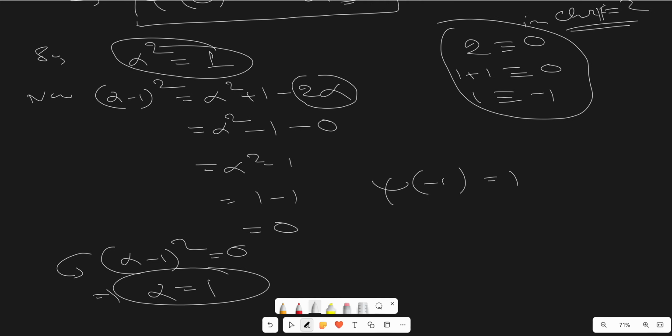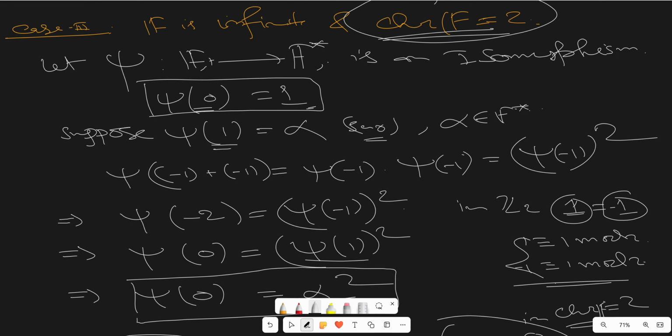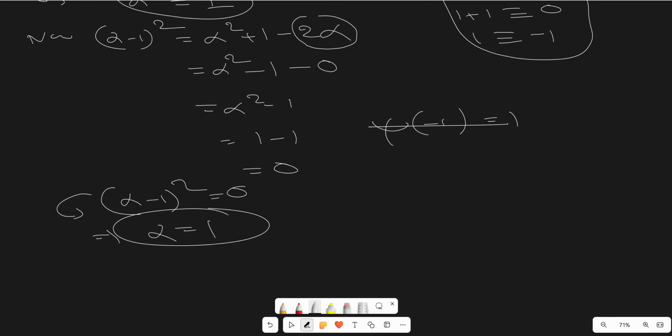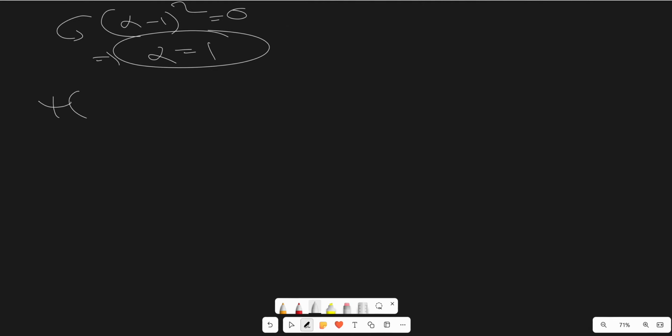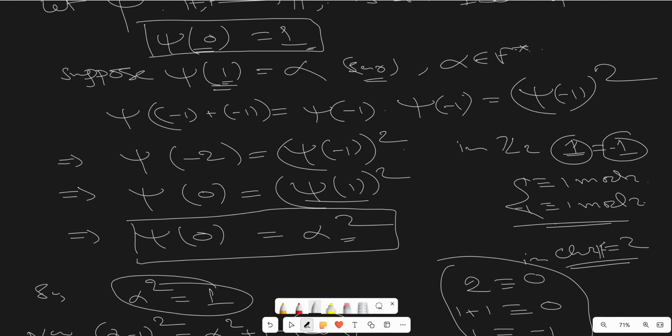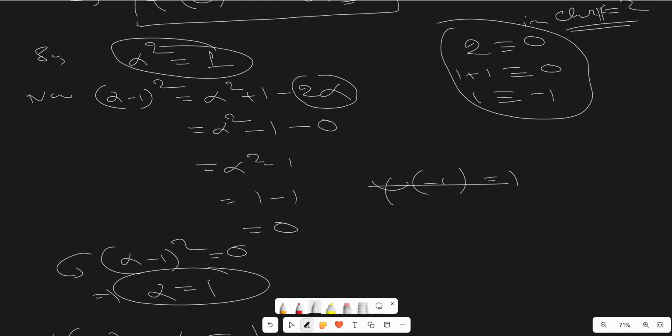Because 1 and minus 1 are the same. 1 is equal to alpha, and the value of alpha is 1. So what does it mean? Psi of minus 1, because 1 and minus 1 are the same in the field Z2, this is 1, and this is also psi of 0. See here, psi of 0 is alpha square, and alpha is 1. In fact, from here psi of 0 is 1.